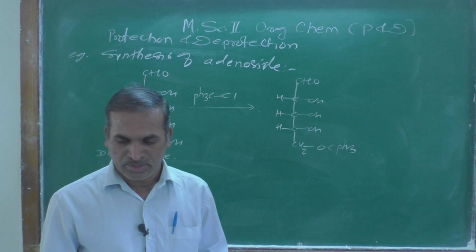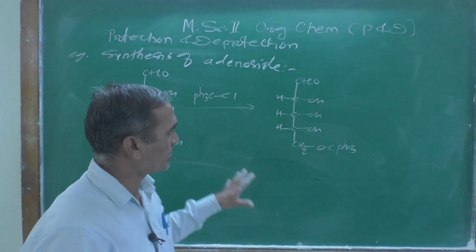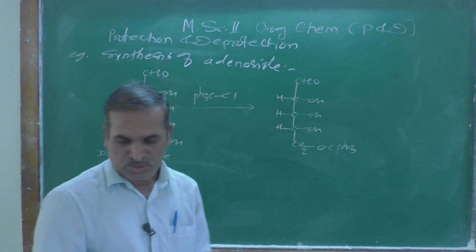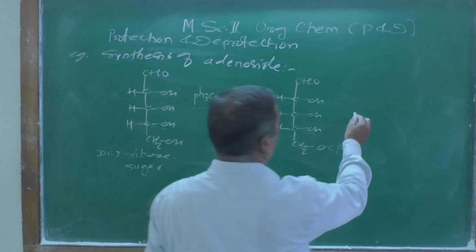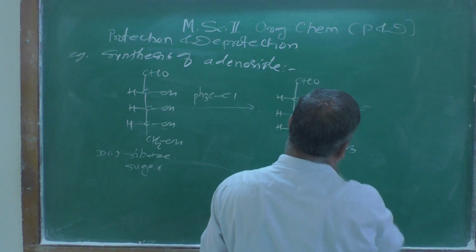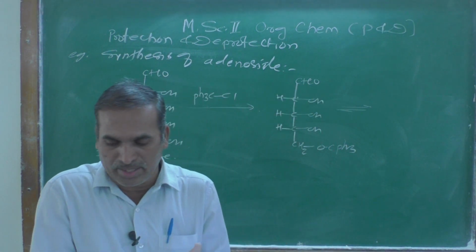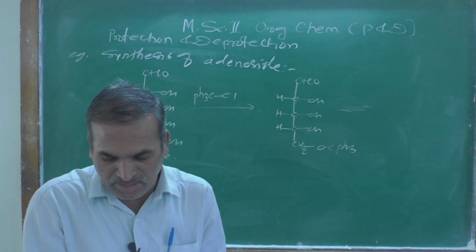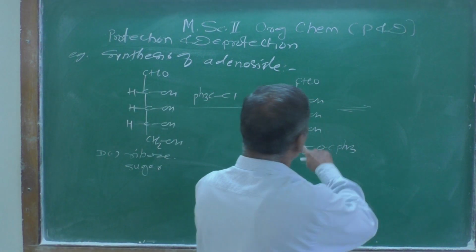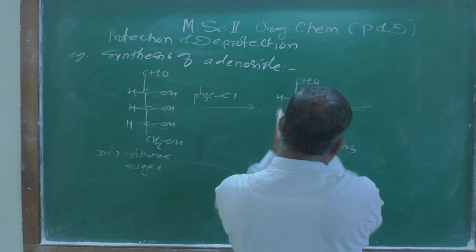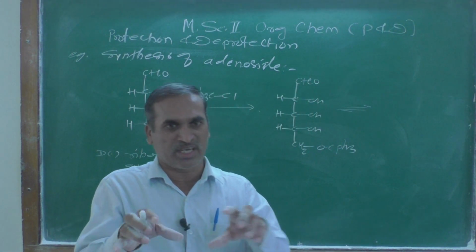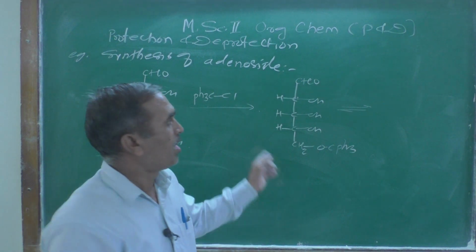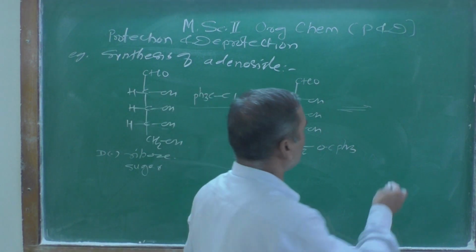Now this compound normally exists in equilibrium, it may exist in the open chain form as well as the cyclic form. How is it? The cyclic form is shown here.